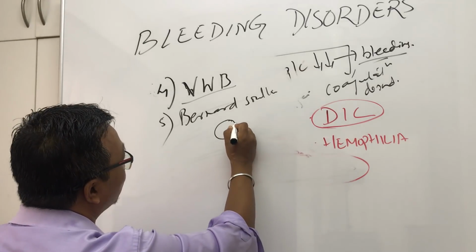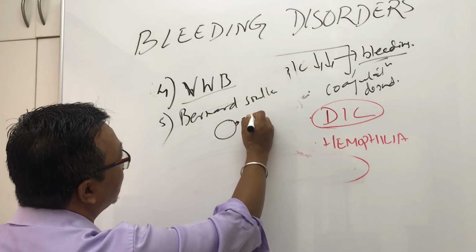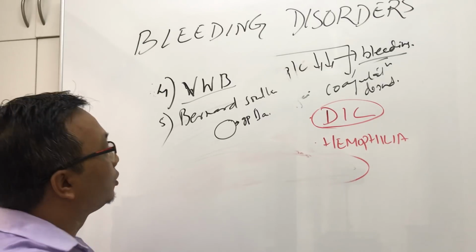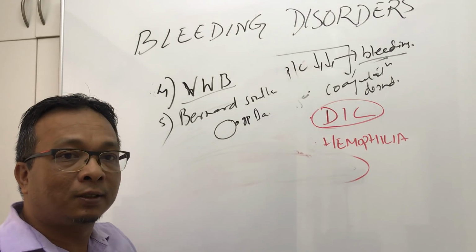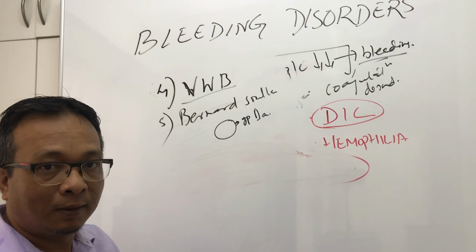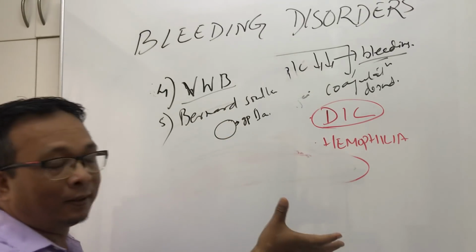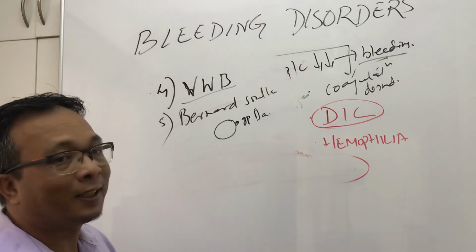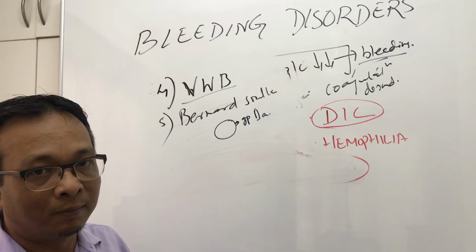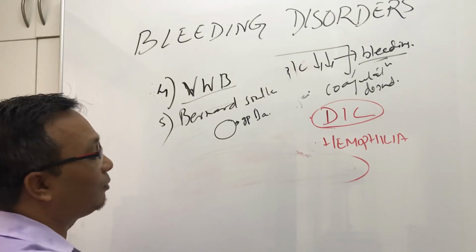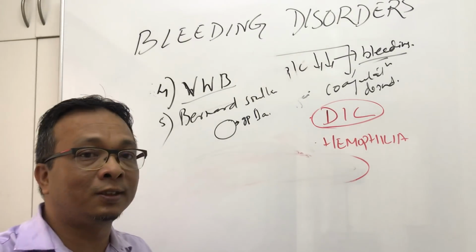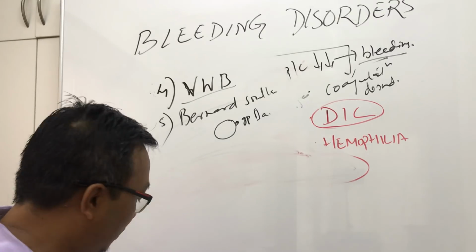We know the platelets are coated with a receptor called glycoprotein 1b. This receptor is deficient, so the platelets cannot adhere to the endothelium, to the von Willebrand factor, and finally it causes bleeding disorders. So these bleeding disorders we discussed till now are related to platelet dysfunctions.